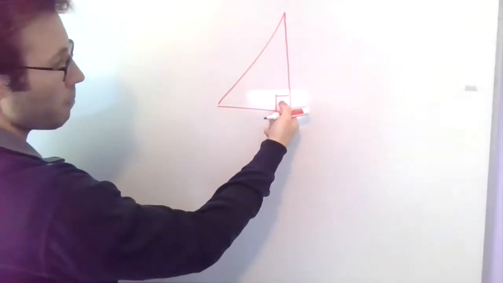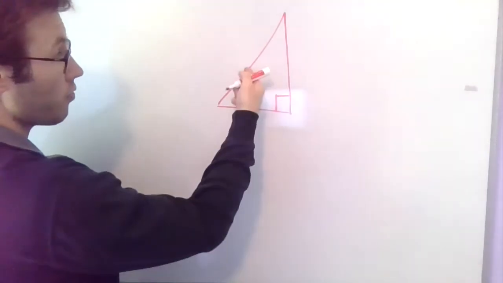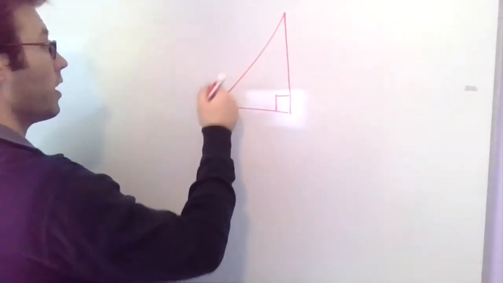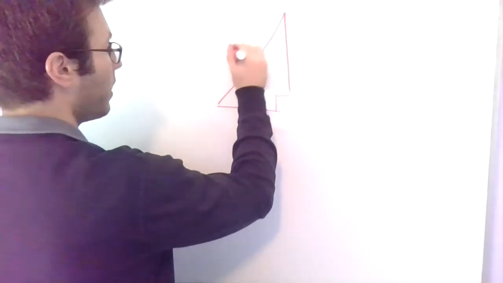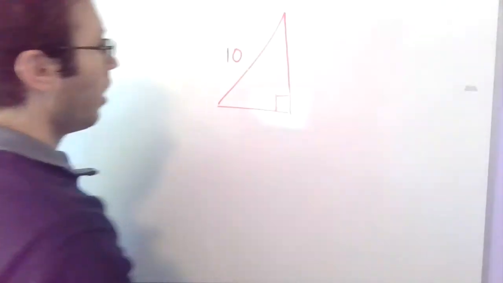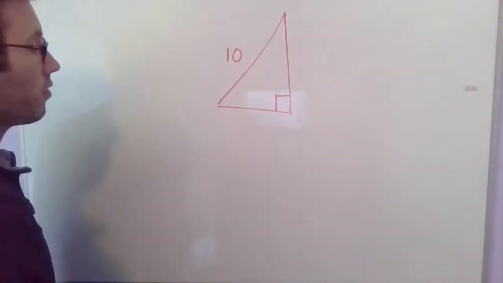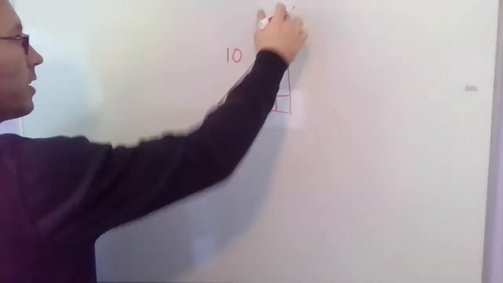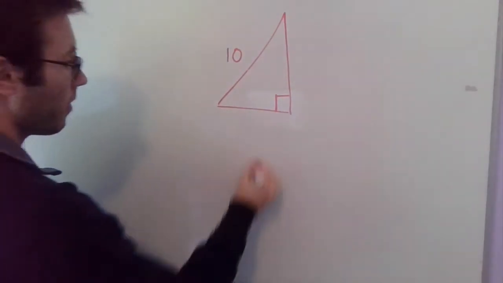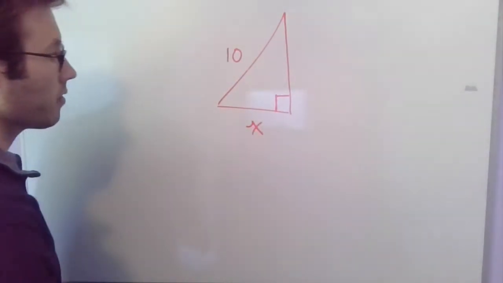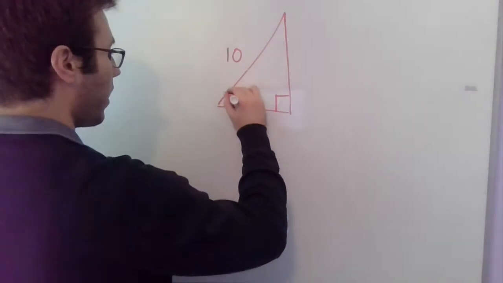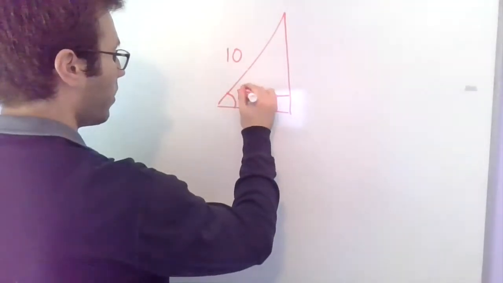The side across from the 90 degrees is the hypotenuse. Let's just say this value is 10. It could be feet, whatever unit. So let's just call this distance from here to here 10. Let's have this side be x, and let's make this angle 5 degrees.